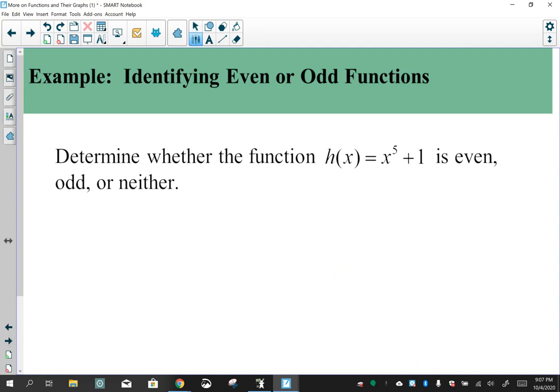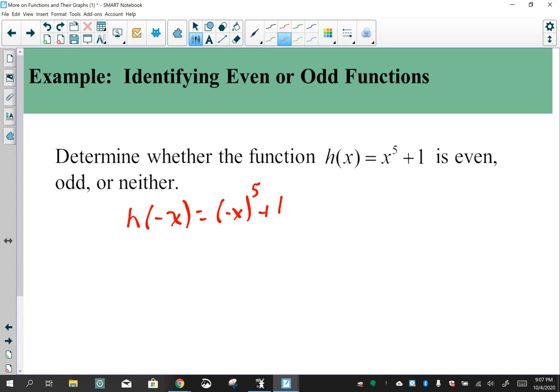So we have this problem here. We need to identify if this is odd, even, or neither. The very first thing we're going to do is say, okay, h of negative x equals negative x to the fifth plus 1.